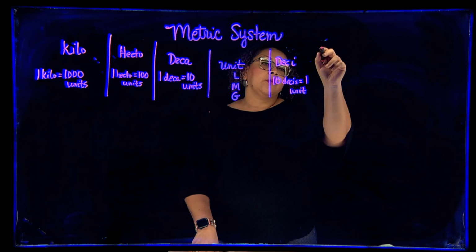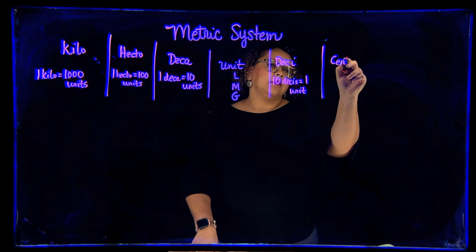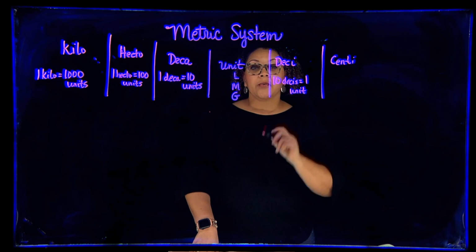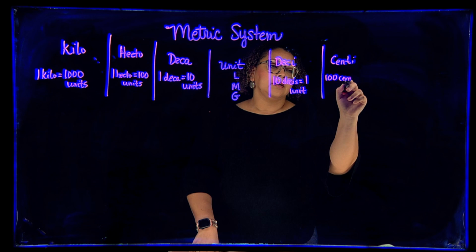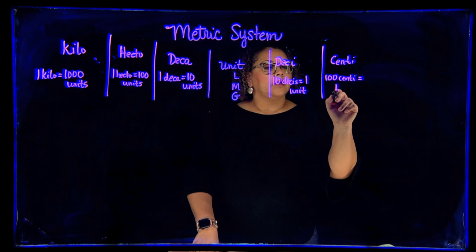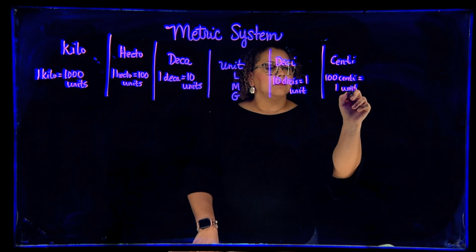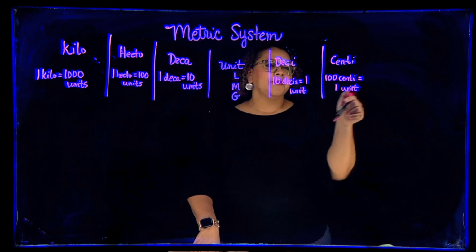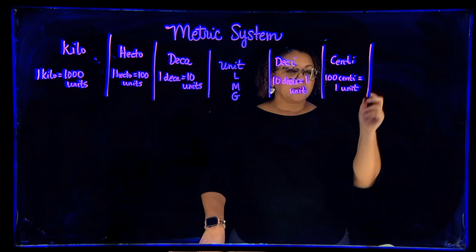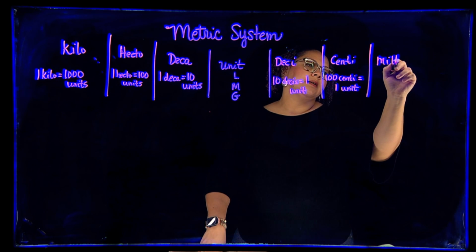To the right of that, we would have centi, and you could probably already fill this in for me. There would be 100 centi in 1 unit. In fact, I just want to make sure I have the 1 unit here, which I do. And then I'm going to go to the right and we will do milli.